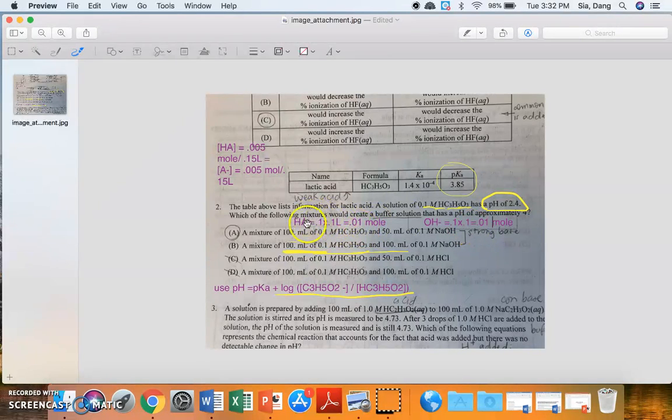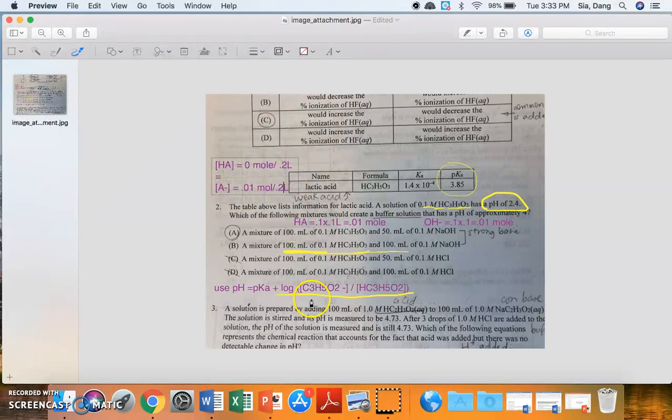That means all of the HA is going to be neutralized by this. So the amount of HA left in this case will be 0 mole. The amount of A minus left is going to be 0.01 mole. Now notice my volume is also different: 100 milliliters and 100 milliliters, so it's actually 0.2 liter.